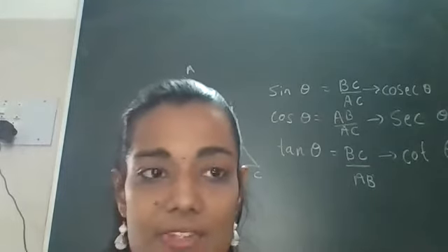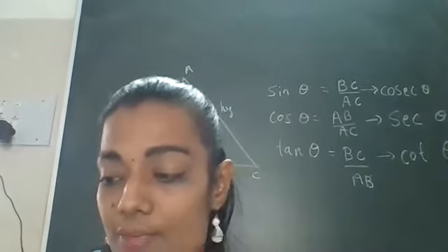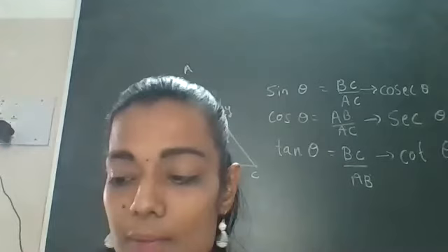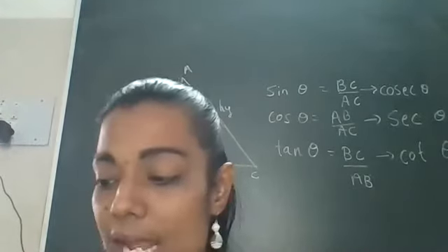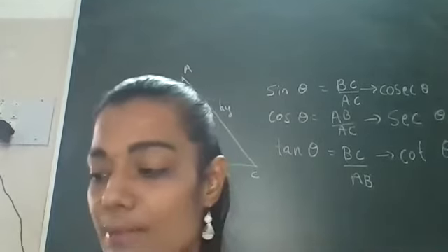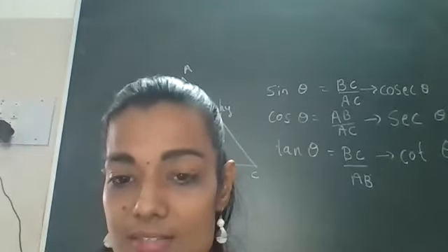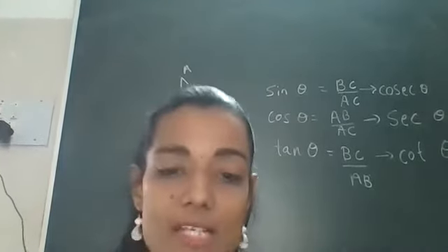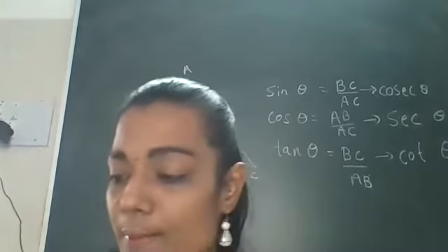In the second paragraph, the word trigonometry is derived from the Greek words tri, meaning three, that is triangle, gon meaning sides, and metron meaning measure. So in fact, trigonometry is the study of the relationship between the sides and the angles of a triangle. Trigonometry is related to the triangle only, having three sides as well as three angles.